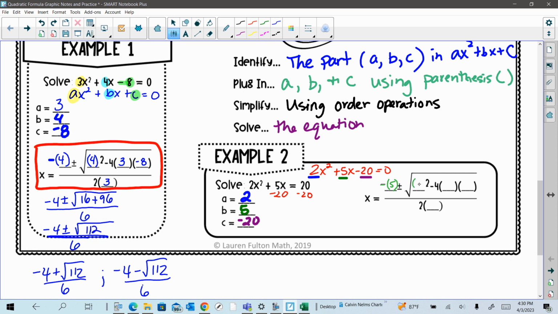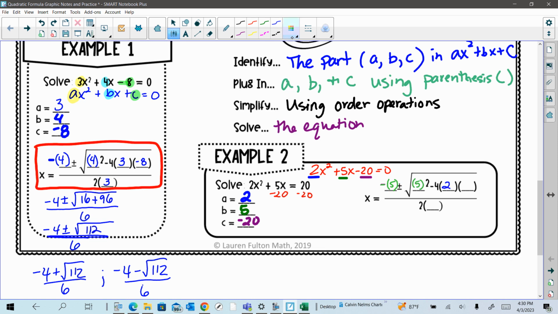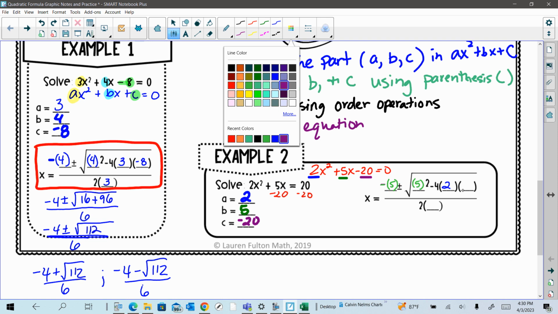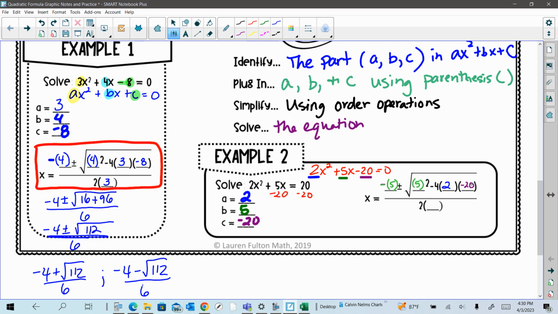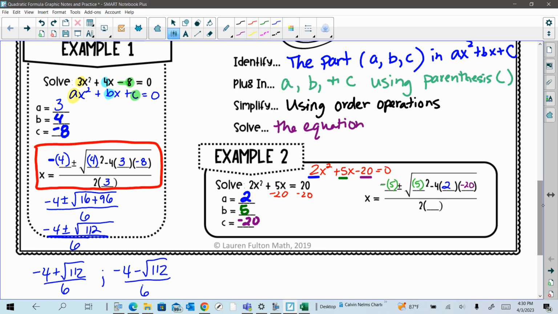Then this would be parentheses 5 squared minus 4 times a, which is parentheses 2. And then our c, that would be parentheses negative 20. All over 2a. So that's going to be 2 times our a, which is 2.